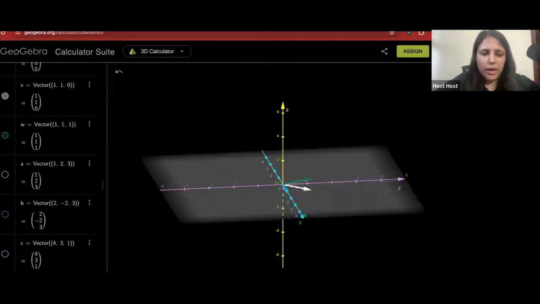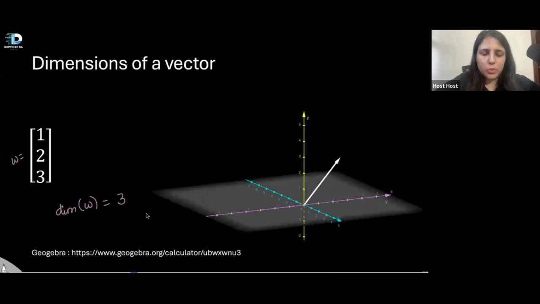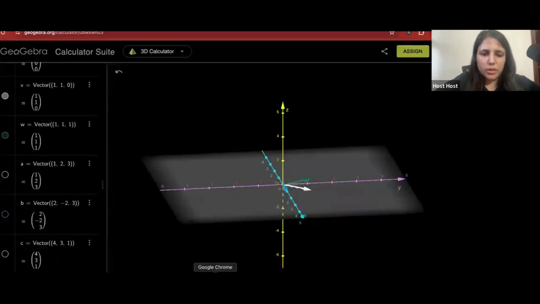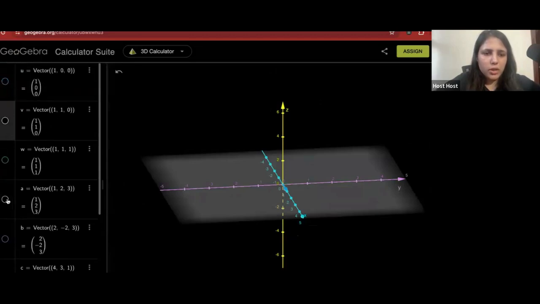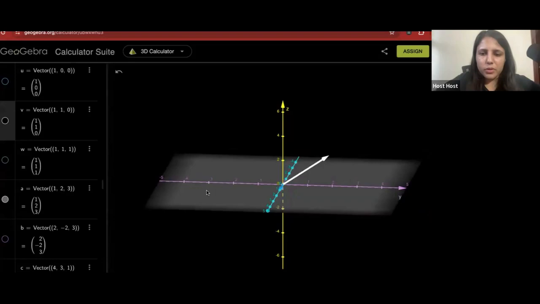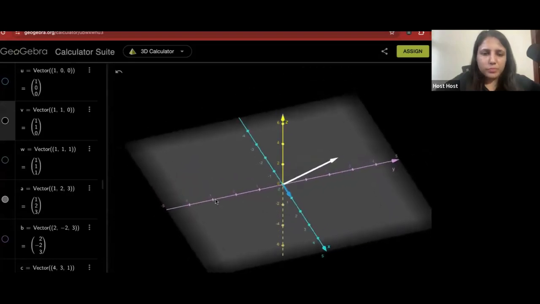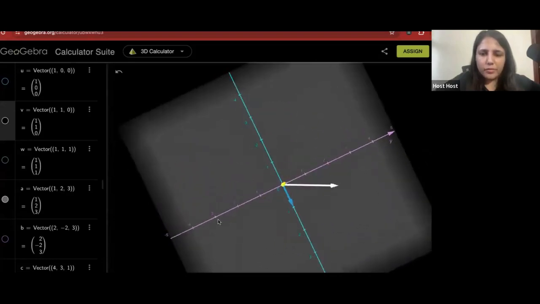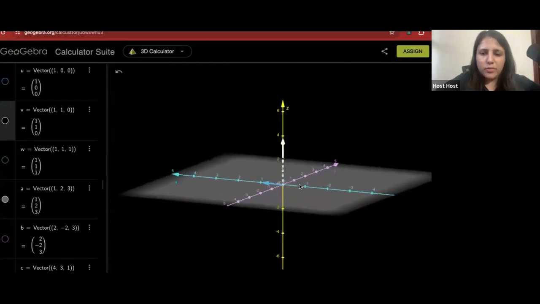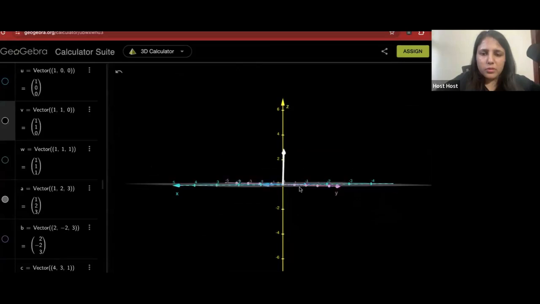Now I had to draw a vector which was 1, 2, 3. Let's see how it looks in the 3D plane. I'll just turn off other vectors. And this is my 3D vector. So I have 1 in X dimension, I have 2 in Y, and I also have 3 in Z dimension.